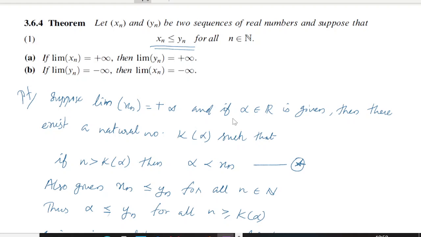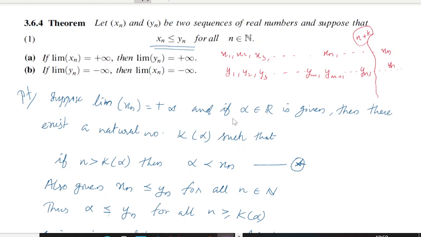That means, suppose you have a sequence x1, x2, x3, etc., xn, etc. And suppose you have a sequence y1, y2, y3, etc., ym plus 1, etc., yn, etc. Now suppose xn less than or equal to yn is not true for every n, but after a certain stage, that is, n plus some k, whatever is coming here, xn and yn, we can compare.